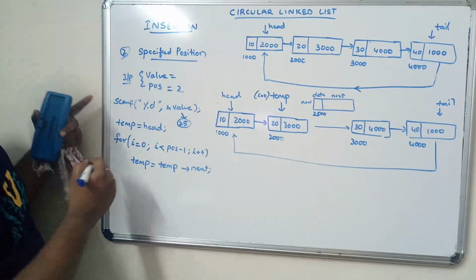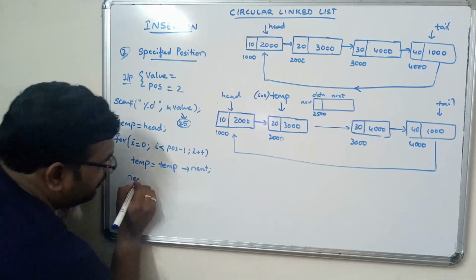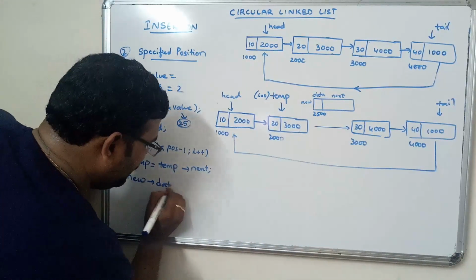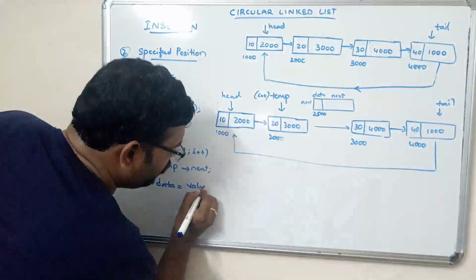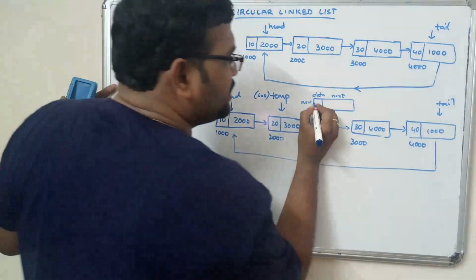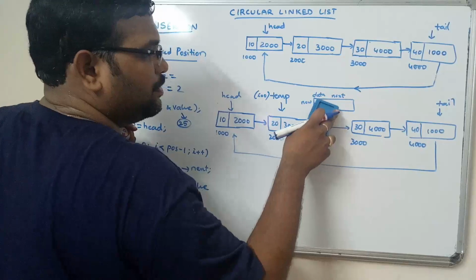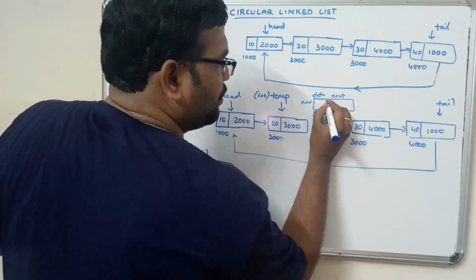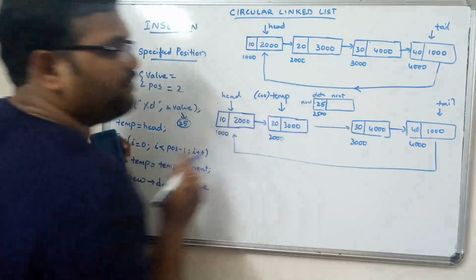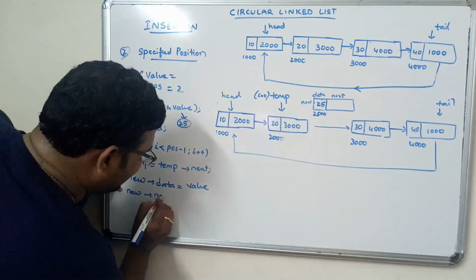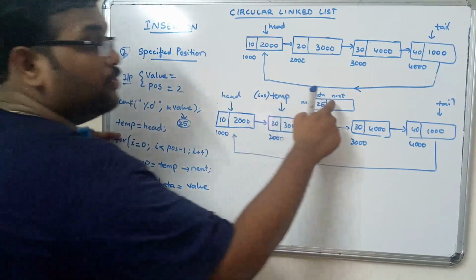Now we will see. We can simply write new of data is equal to value, so automatically this 25 will be placed here. Now new of next.